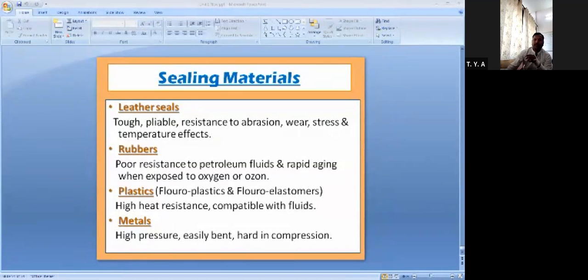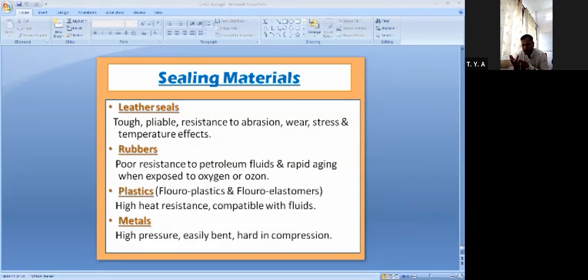Then we have plastics. In that, fluoroplastic and fluoroelastomer are there. That type of plastic is also used as a sealing material because it has high heat resistance, and it is compatible with the fluid.